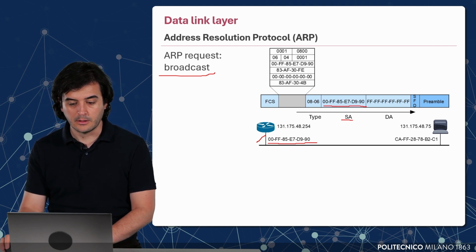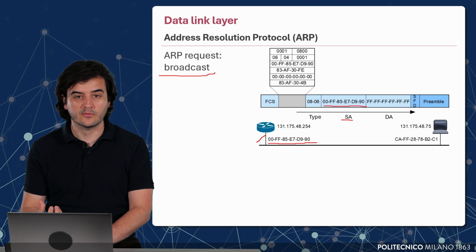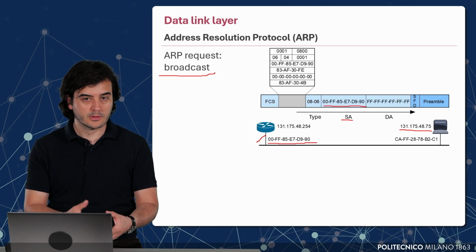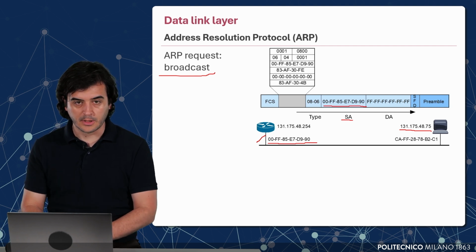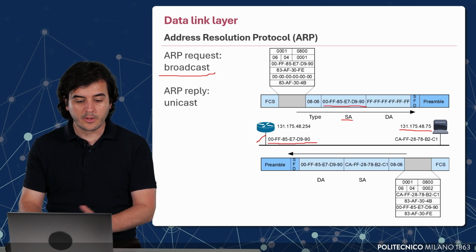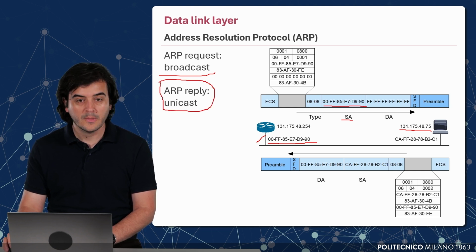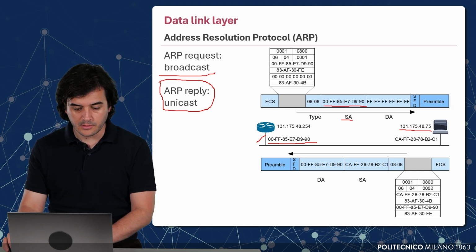Once the equipment has received this type of message, if the IP address matches the IP address in the message which is being sent, then it will reply with a message identified as ARP reply, which is a unicast message.